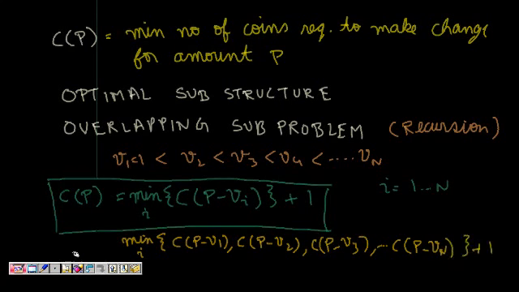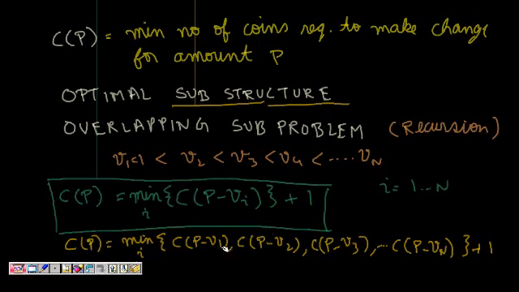This means I'm recursively solving this problem, and this is the optimal substructure. I can come to C of P, so I have to make change, and that change I can make.